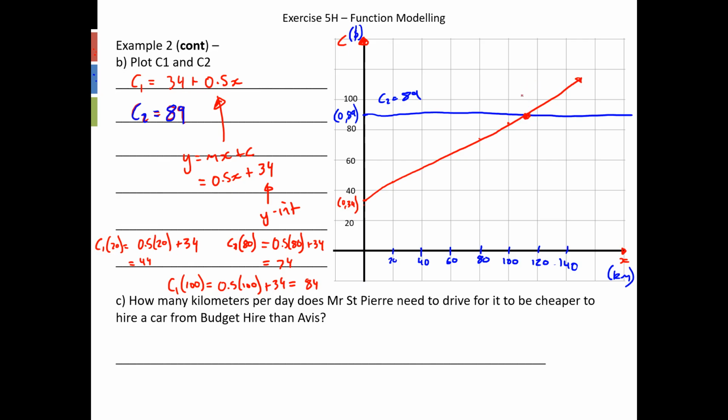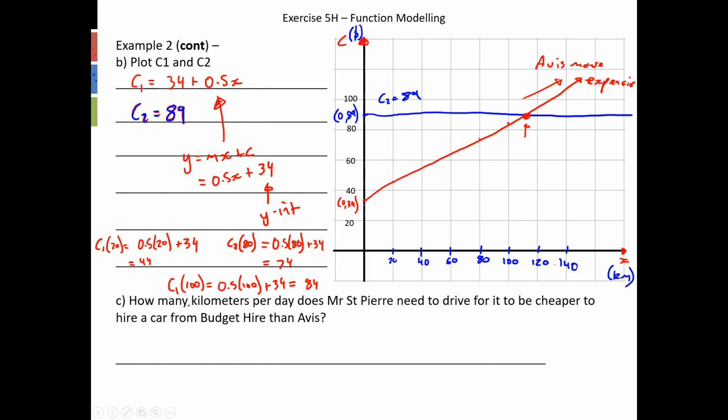And after this intersection point, up this way, Avis is more expensive. So if I'm traveling less than what this is, and this is estimated showing between 100 and 120 Ks, somewhere in here, if I drive less than that on average per day, Avis is going to be cheaper. More than that, Avis will be more expensive.